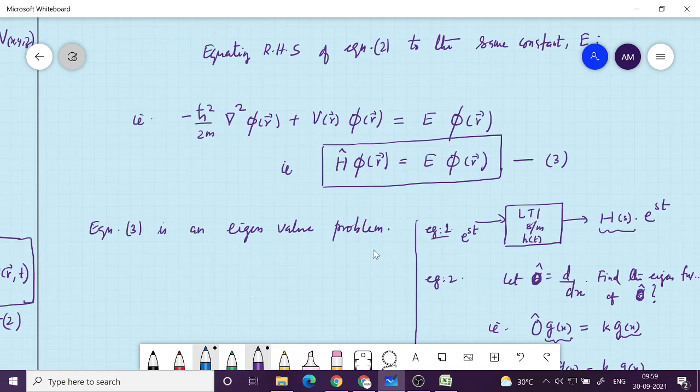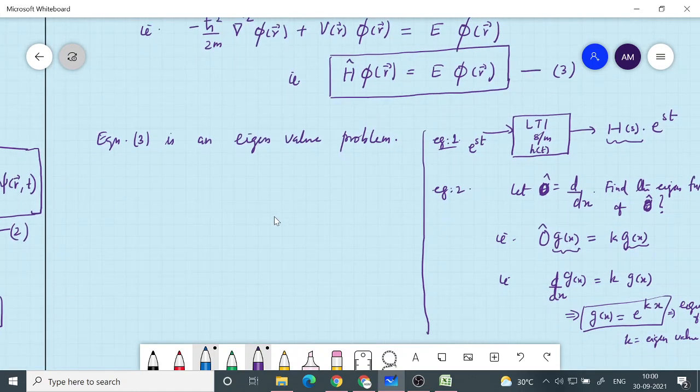Alright, so equation 3 is of a similar kind: you have an operator, which is the Hamiltonian operator, operating on a function of position, and it is giving you the same function of position multiplied with E. So here, if you solve this equation, what is known to us is only H, the operator H. When you define a problem, V of r, the potential in the problem, is known to us, and the kinetic energy is always the same: it is minus h cut squared by 2m del squared, which comes from p squared by 2m.